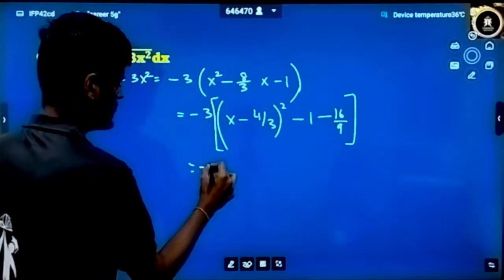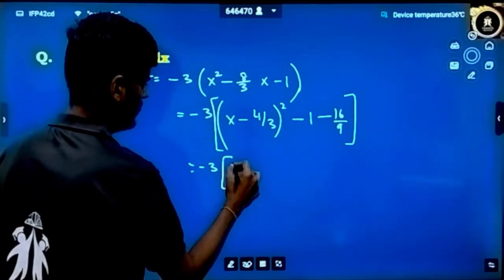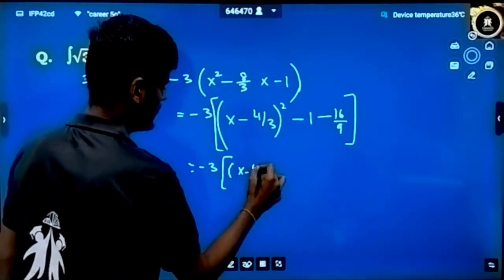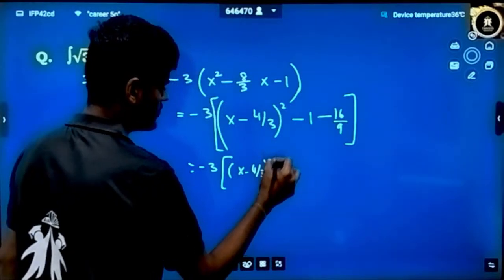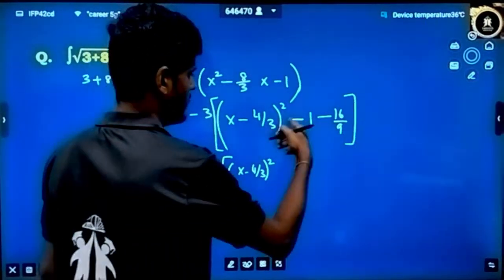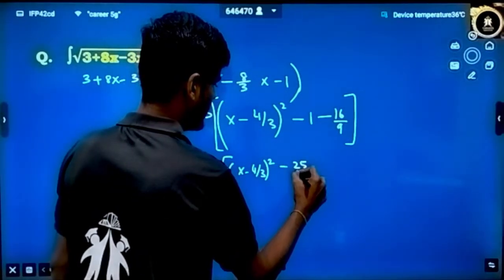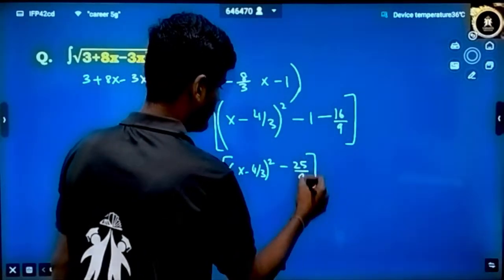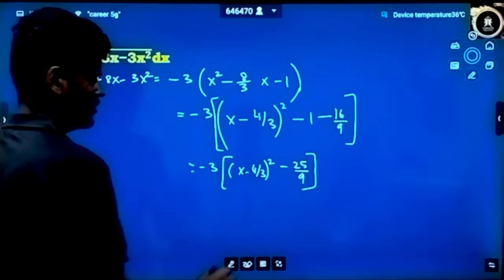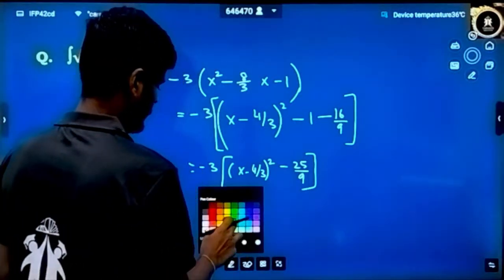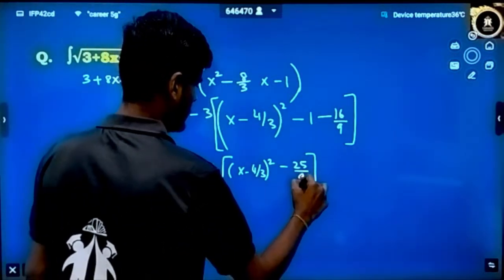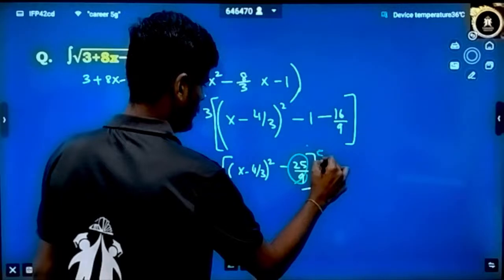Then we get −3[(x − 4/3)² − 25/9], which is −3[(x − 4/3)² − (5/3)²].